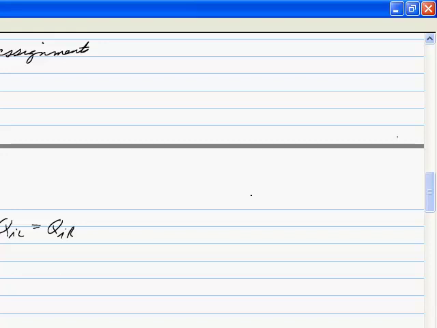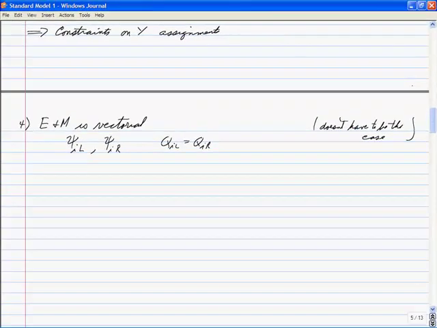This doesn't have to be the case. This is of course an experiment, but you can construct theories where that's not the case. I mean, there's no reason it has to.